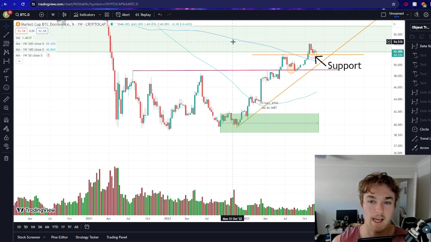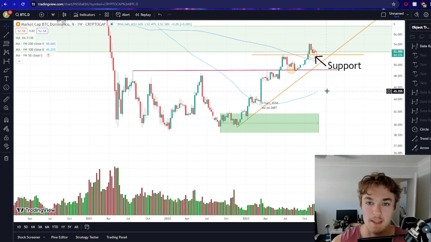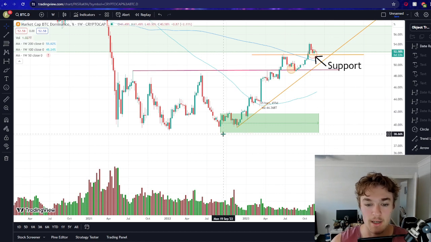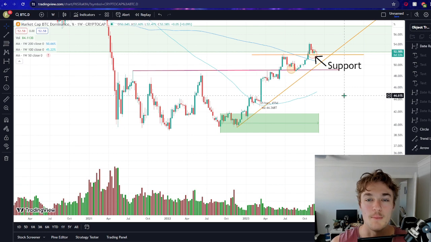So whilst you're looking at your crypto portfolio and you're seeing, my Solana is up 20%, my Ethereum is up, my Binance coin is up, whatever it might be, up in terms of US dollar value or Australian dollar value or whatever currency you are working in, the Bitcoin dominance shows that there is an opportunity cost involved with that. Meaning that if you had just invested in Bitcoin for the last 65 weeks, you would have gained more in terms of value.